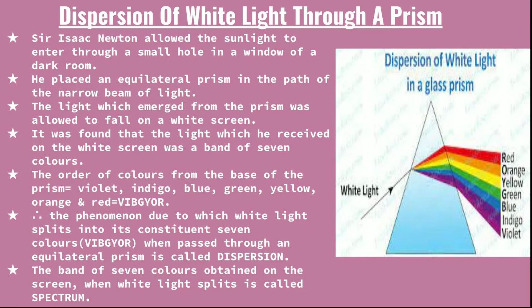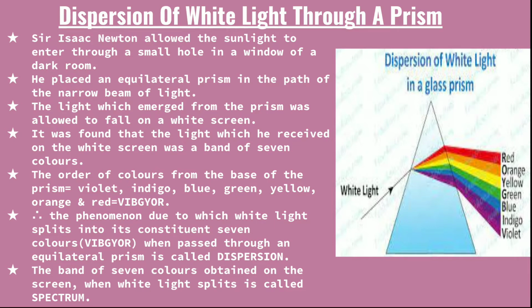He found that the light he received on the white screen was a band of 7 colors. The 7 colors were in the order from below to up: violet, indigo, blue, green, yellow, orange, and red. That is VIBGYOR, we call it.